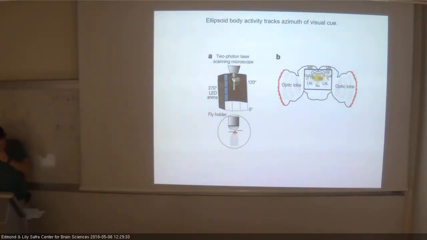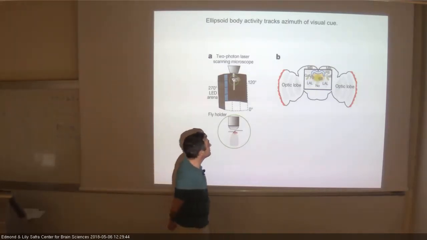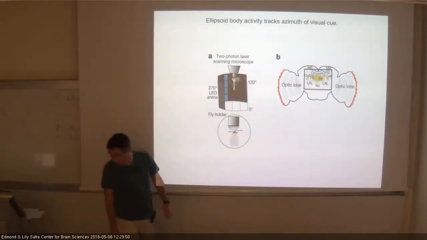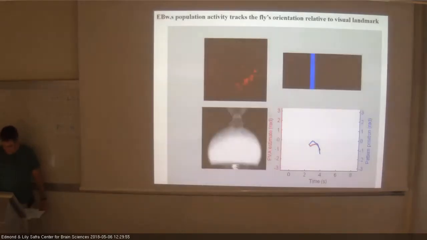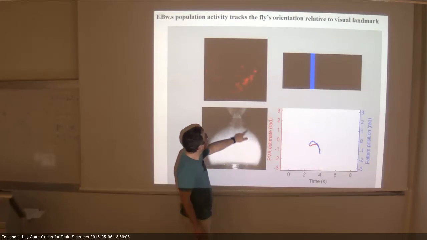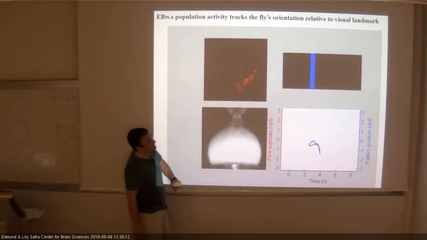The recording is done from a brain region that is known as the ellipsoid body, that is supposed to say something about the visual cues. I would like to show you a few movies. What you will see here is the fly, this is the visual input, and this is activity in this ellipsoid body.